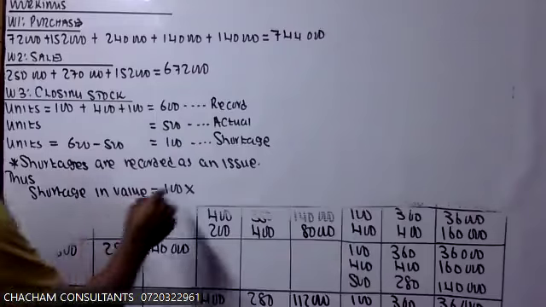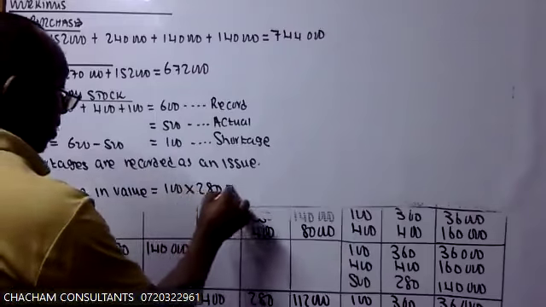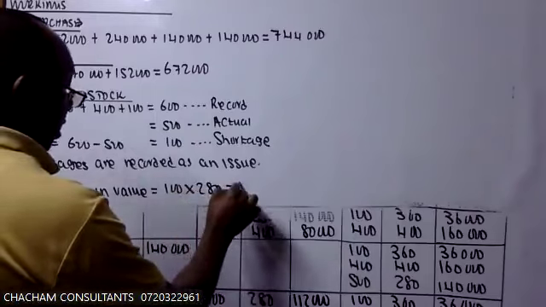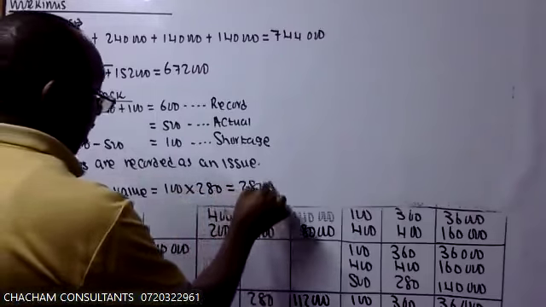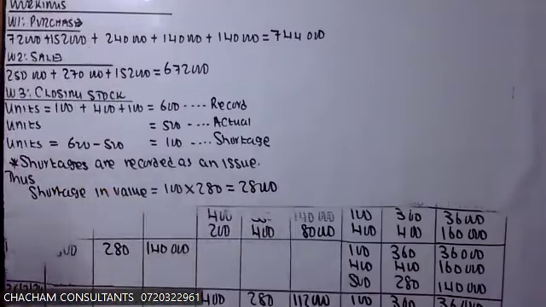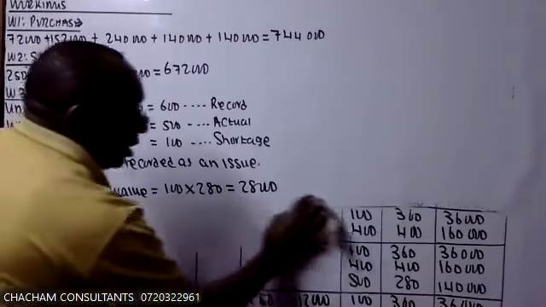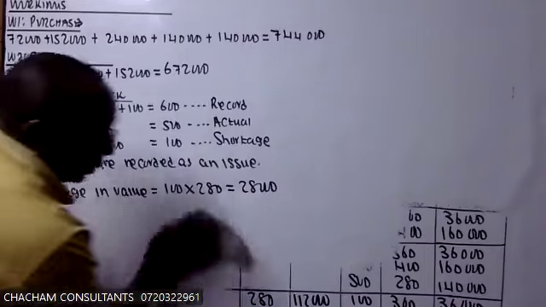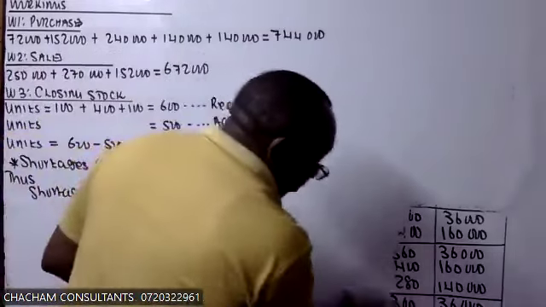So we multiply by 280, and that gives us 28,000.